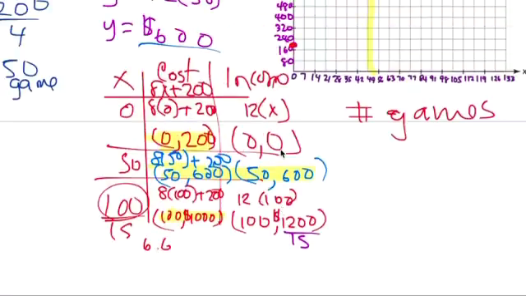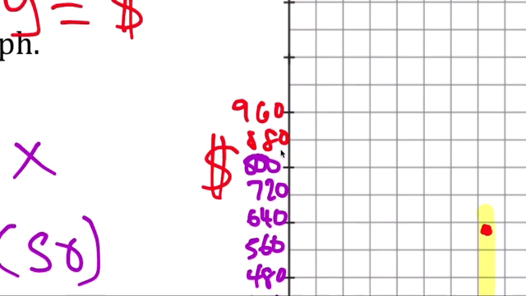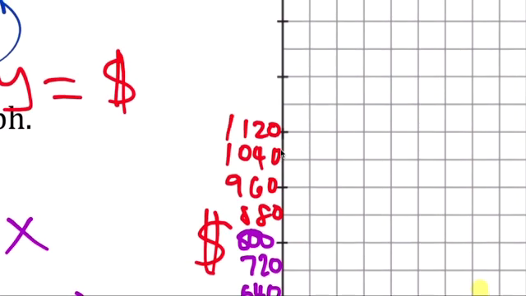I got 80 out of this. 80, 960, 1,000, 40, 1,100, 20, 1,200.